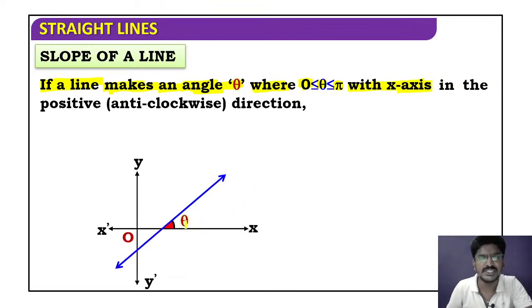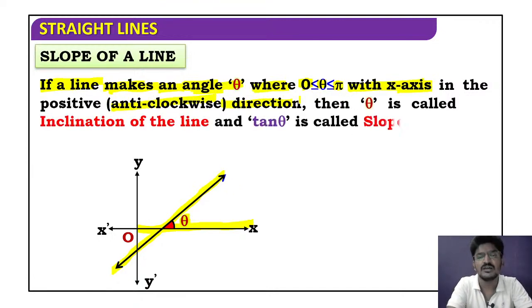So this is the angle made by the line with the x-axis in the positive direction, that is anti-clockwise, and then theta is called the inclination of the line, and tan theta is called the slope of the line. Very good.